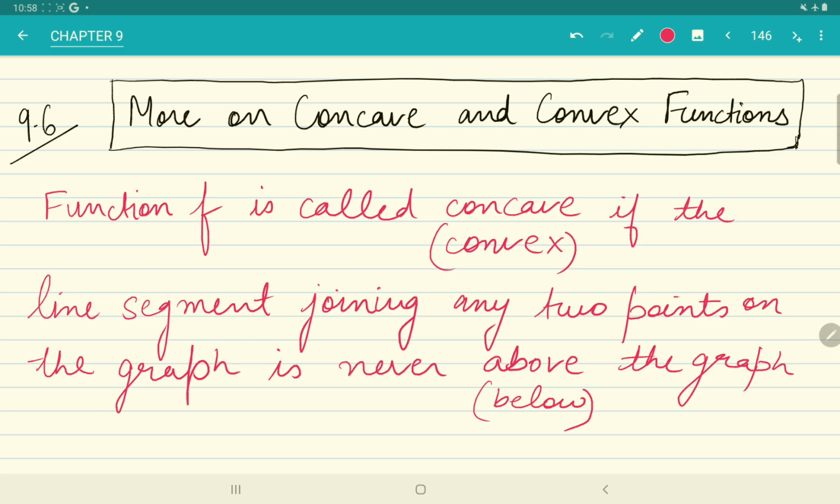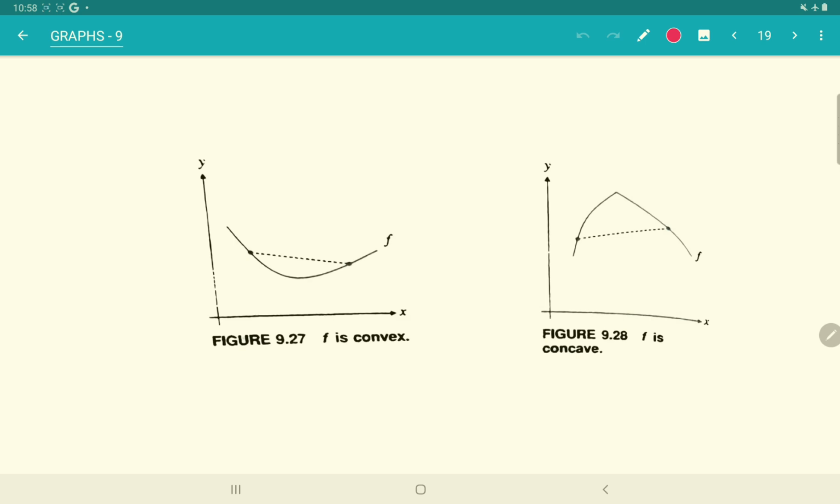Now if we take a look at these two diagrams, here we see that figure 9.27 shows a function which is convex. Figure 9.28 shows a function which is concave.